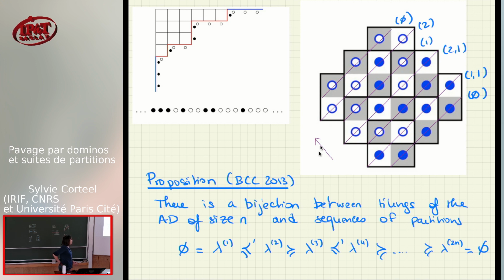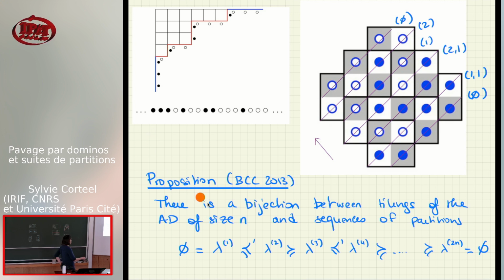And so that's what we did with Jérémy and Guillaume Chapuis: we showed that there's a bijection between the tilings of the Aztec diamond of size n and some sequences of partitions. So I have 2n partitions here. The first one and the last one are the empty partition. And then to go from one to the next, I have very specific rules.